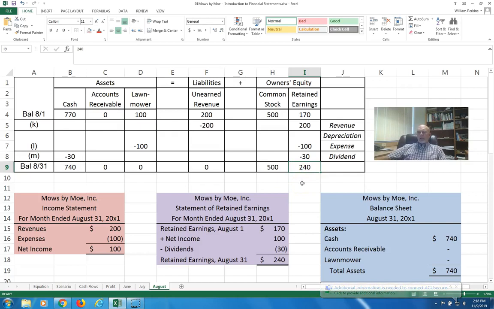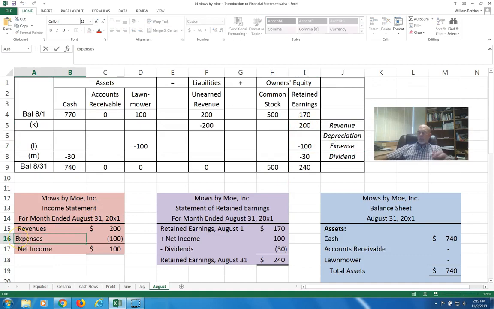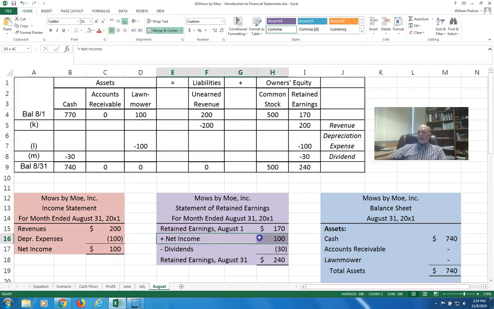We can summarize the month of August on an income statement for the month. Again, go to the retained earnings column, pick out the revenues and expenses, and that's what we had for the month of August. That net income is carried over to the statement of retained earnings and added to the retained earnings we had at the beginning of August.